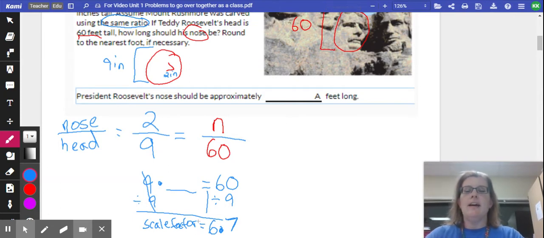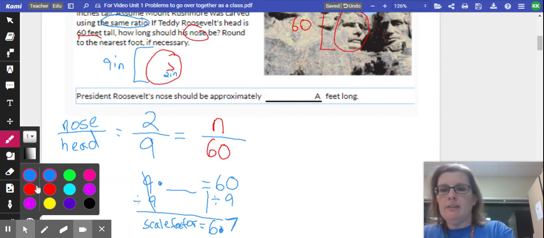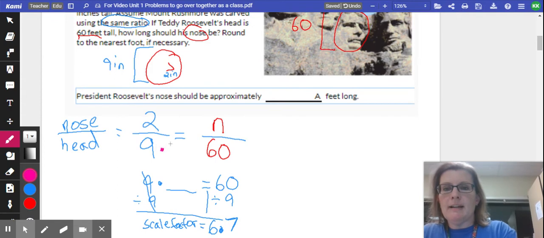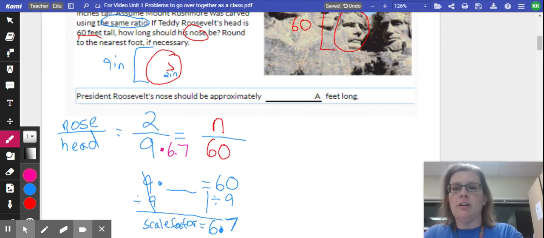That means that every number that I would multiply per dimensions by, I would multiply by 6.7 to get Teddy Roosevelt's. So if my scale factor is 6.7, then I will multiply 9 times 6.7, and it will be a little bit off because I rounded, and we get 60.003, but since we rounded, that's close enough.